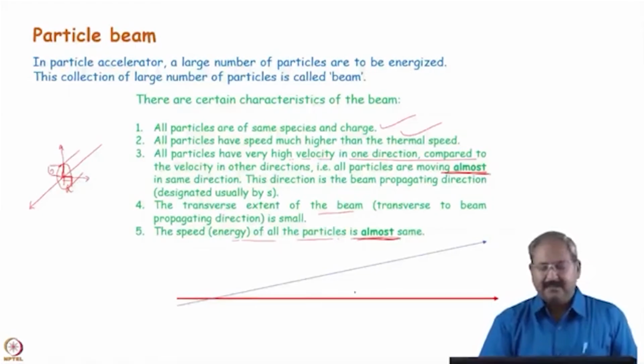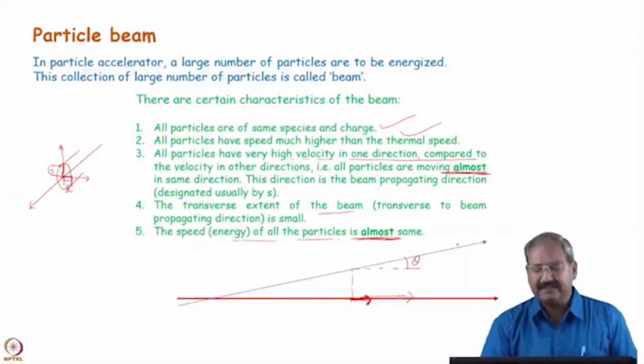Now at a particular location of the design axis, say this is the location, here we can characterize this particle trajectory by two parameters: what is the distance of this trajectory with respect to this design trajectory, means how far this particle's location is with respect to the design trajectory, and what is the angle made by this particle trajectory with respect to the design orbit, or in which direction the particle is going with respect to the design trajectory.